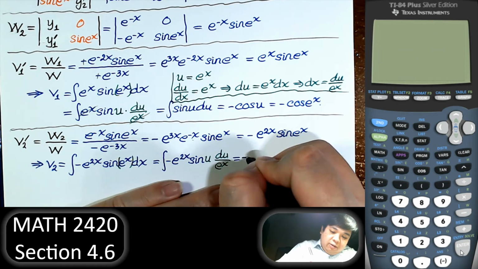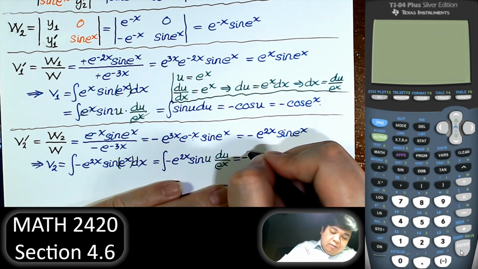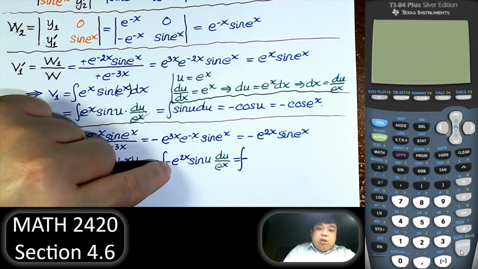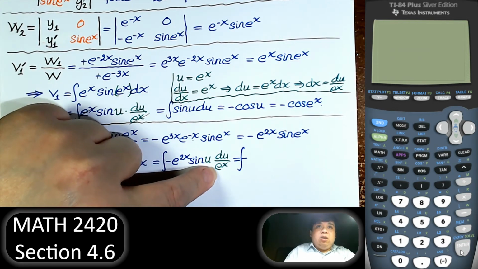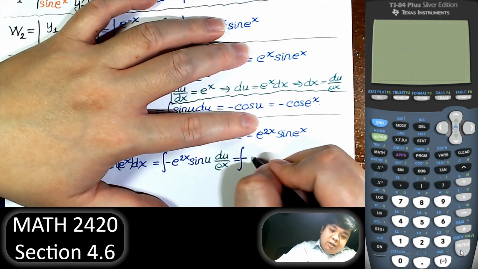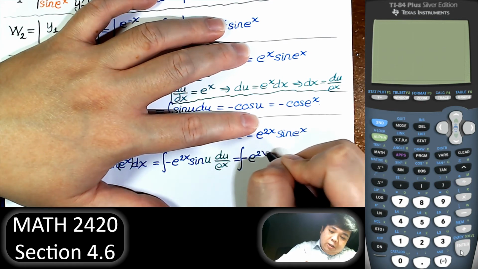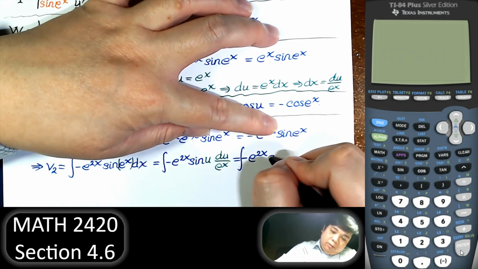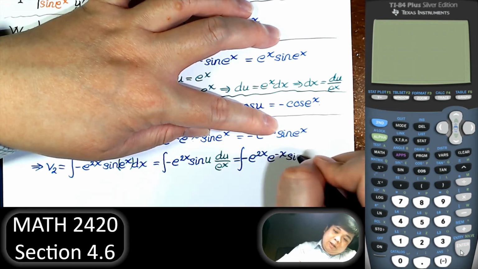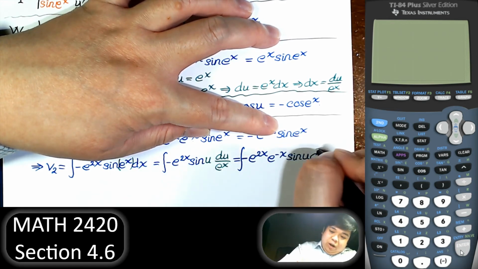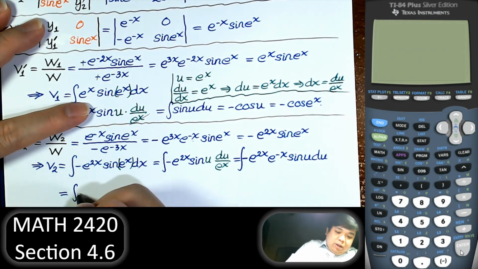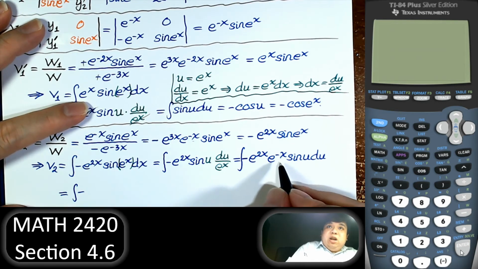That gives us negative, actually, just keep the negative inside, doesn't matter. e to the 2x over e to the x, what's that? e to the x from the bottom moves to the top. Don't mind the u and x. So it will be negative e to the 2x and e to the negative x.